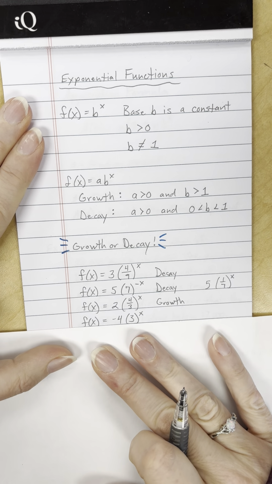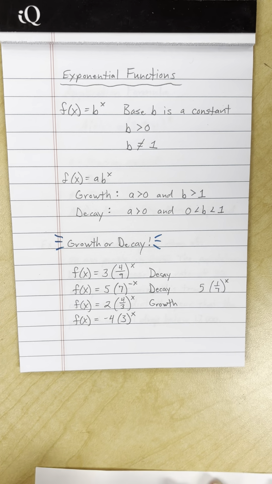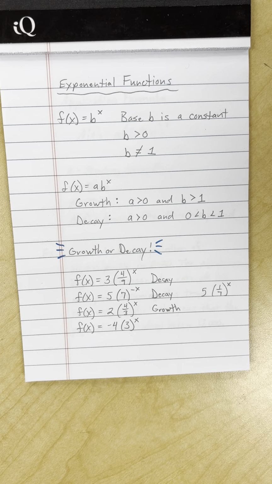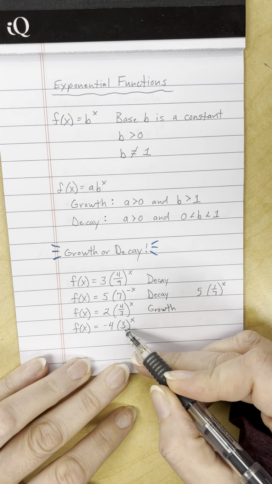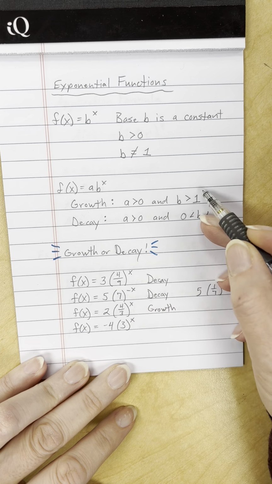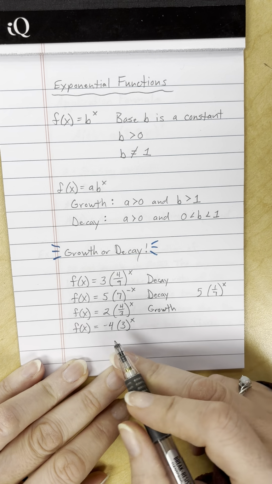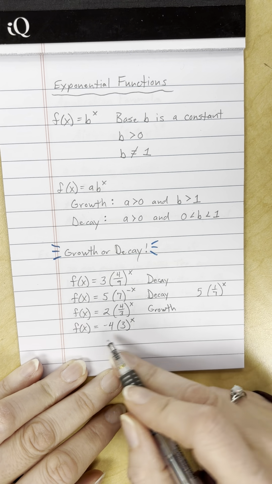Which means we are ready for the final round of growth and decay. F of x equals negative 4/3 times 3 to the x. Ladies and gentlemen, is this growth or decay? What do you think? This is too easy. Because it's 3, that's greater than 1, so it's clearly going to be growth, right? Well, but we have a negative, so maybe that's 1/3, because that's just going to be reciprocal, right?